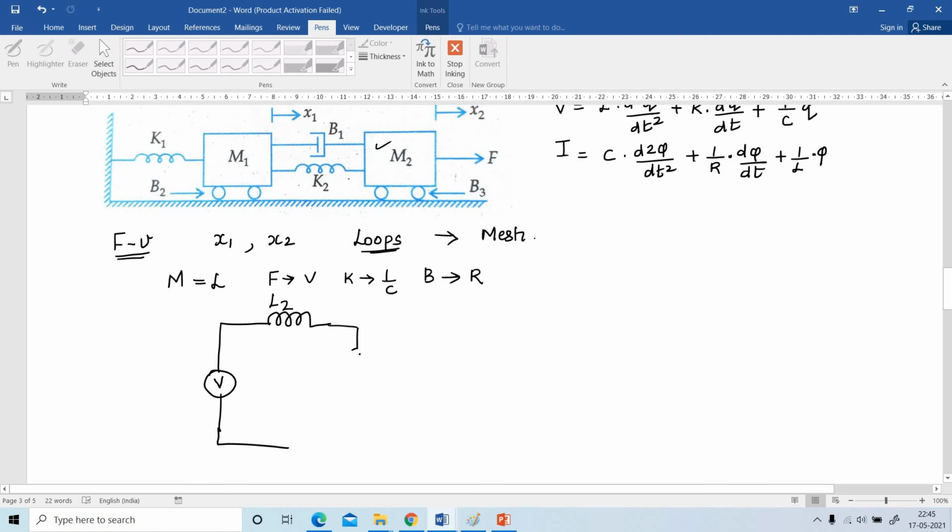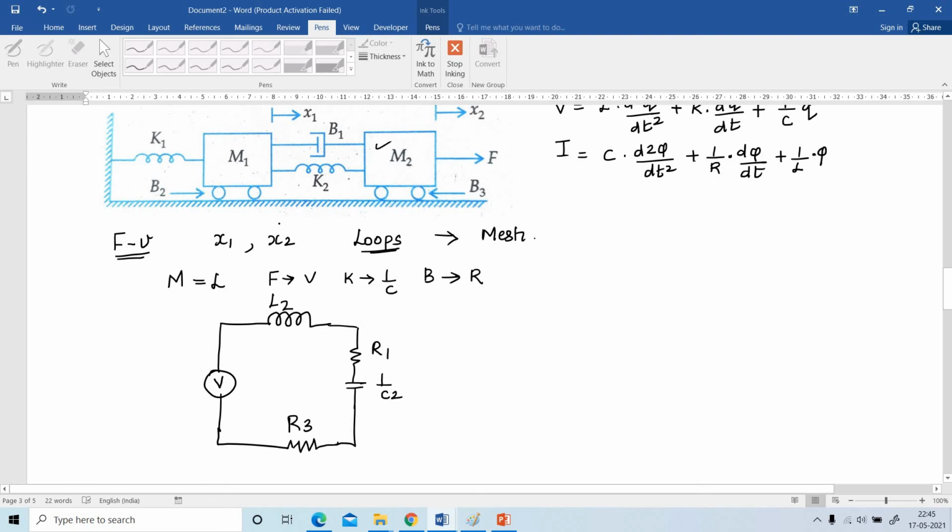So how to represent B1? That is R1. K2 is 1 by C2. Then again one resistance, that is B3, that is R3. The first loop is completed.